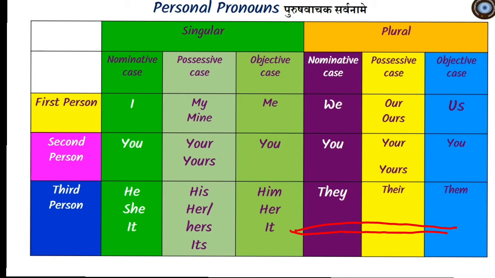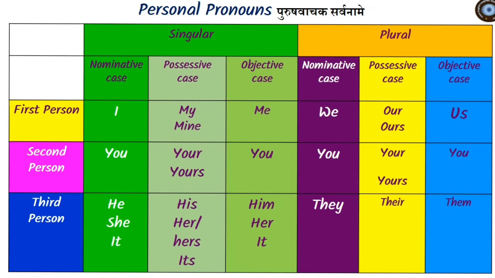In this way, if you go through this entire chart, you will come to know the nominative cases, possessive cases, and objective cases of pronouns. And also we can see the categories first person, second person, or third person, and singular and plural also. So this whole chart will clear your concepts of personal pronouns and their different forms.